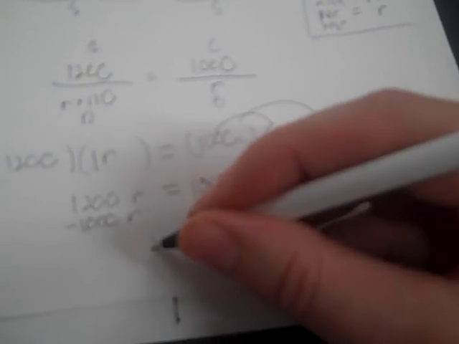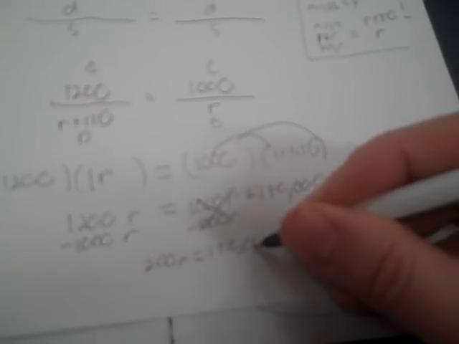So that's going to be 200R equals 150,000. Okay, so I take 150,000 divided by 200. 750 is the rate of the slower plane, 750 miles per hour.